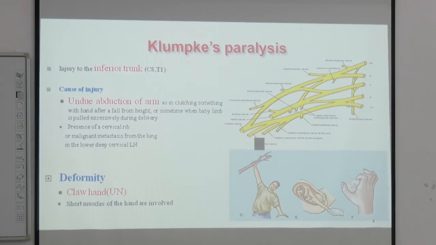C8 and T1. Now the fibers of C8 and T1 predominantly head towards the nerve forming the ulnar nerve. The ulnar nerve supplies all the small muscles of our fingers.